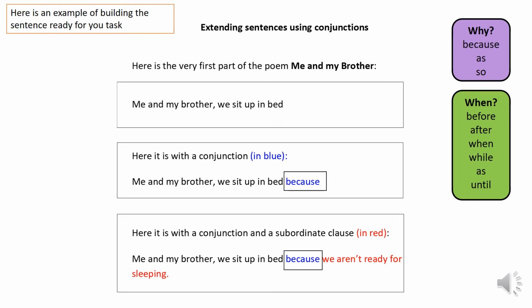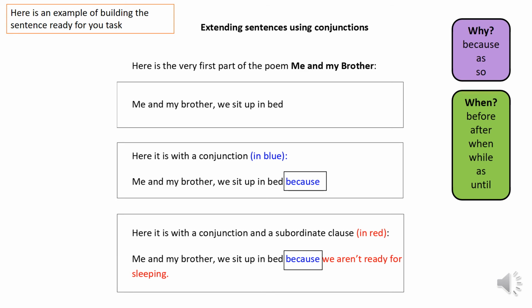Next, I'm going to choose a conjunction. I'm going to go with a why conjunction, a cause conjunction. So me and my brother, we sit up in bed because. Now my third part, I want to think about why. Because what? Me and my brother, we sit up in bed because we aren't ready for sleeping.